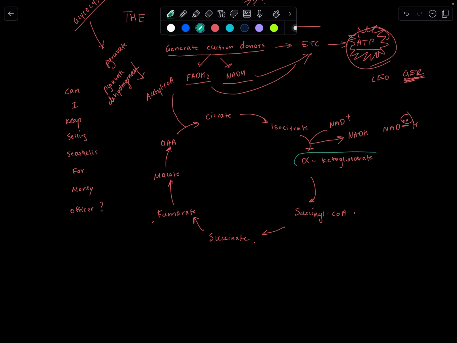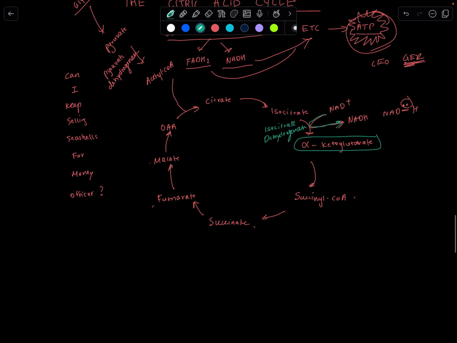The way I like to remember this is that our following substrate from isocitrate is alpha-ketoglutarate. I just like to think of an alpha male who's extra special. So he's extra special, so he's going to be one of the steps producing NADH. And the enzyme that's going to be catalyzing this step is called isocitrate dehydrogenase, which is easy to remember because it is named after the previous substrate.